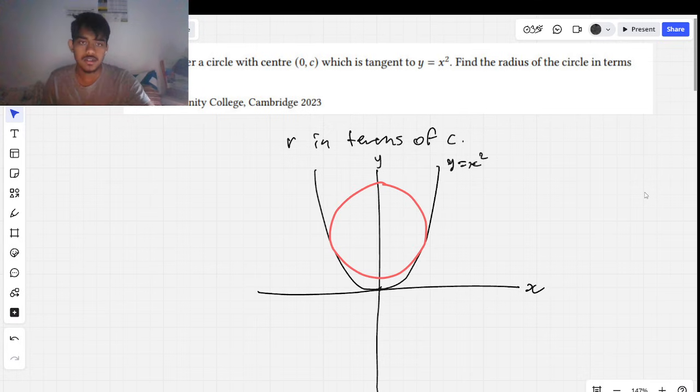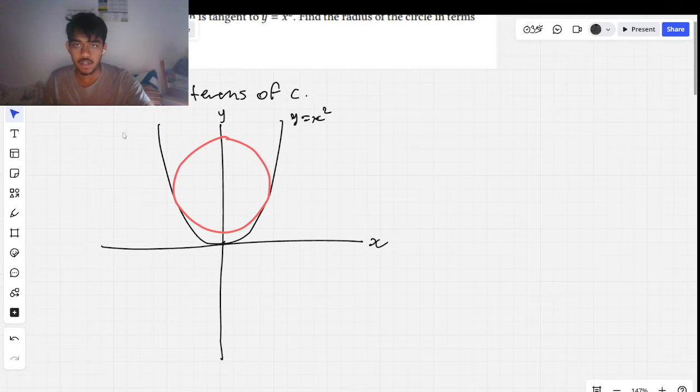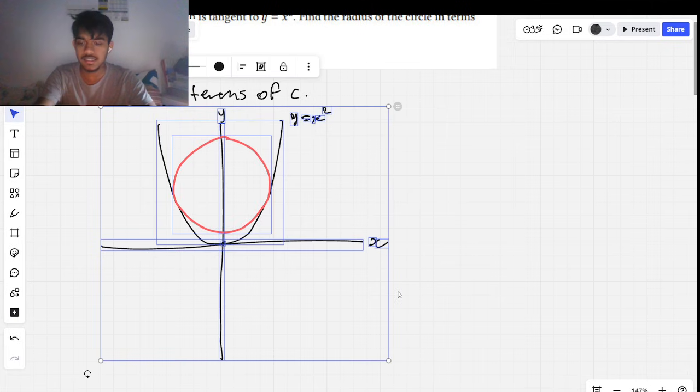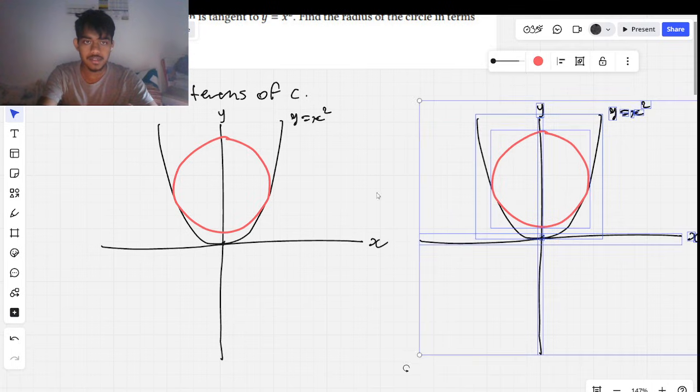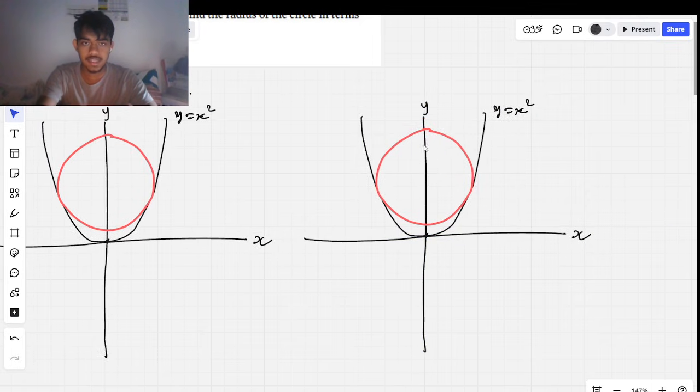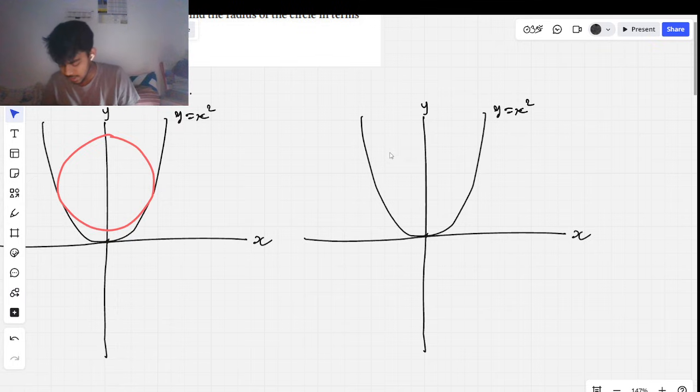But something else that could be the case, let me just copy this down here, is a graph that looks more like this, which is tangent at the origin, or alternatively, a circle that is tangent to the parabola but on the other side.